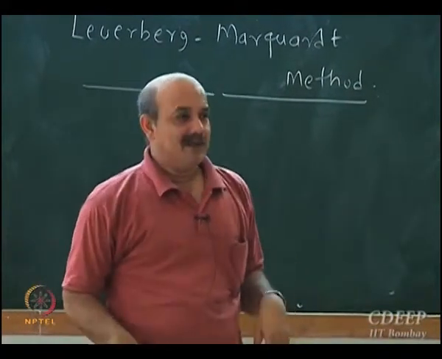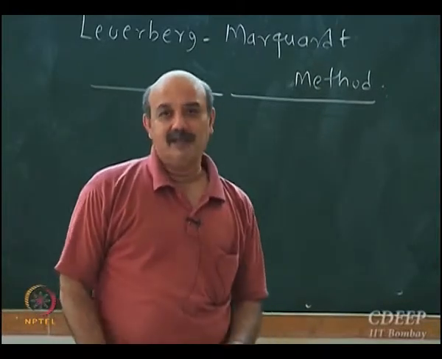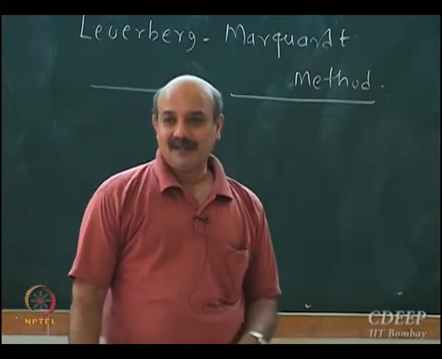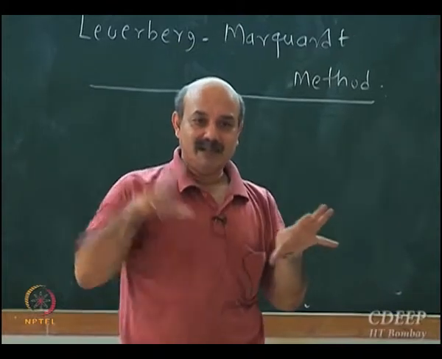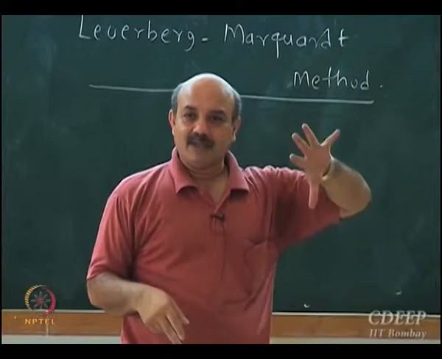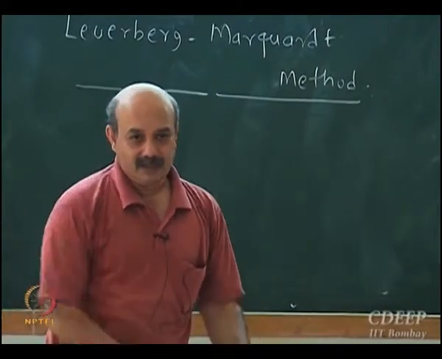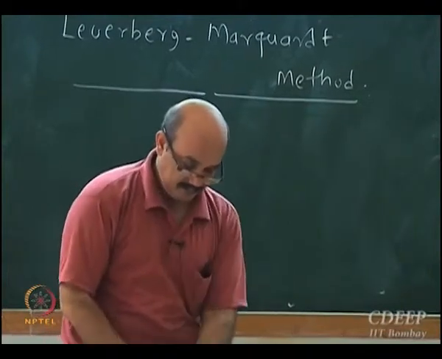In modern parlance, it's like a multiple agent optimization method. There are two agents, one is the gradient method, the other is the Hessian method, and you try to mix them in such a way that one is dominant when it is useful, and the other is dominant when that becomes useful. So this is just a small modification.